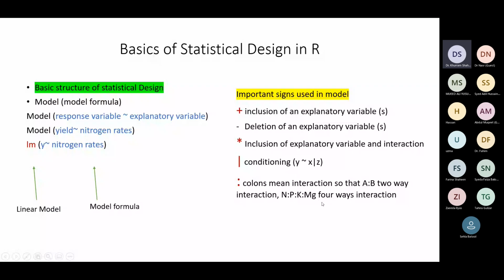So these are the signs. Many other signs are also available in books, but these are the basic signs that you will see in statistical models. This slide is very important for using statistical analysis in R. You must understand what these mean, and you will find more explanations in notes and other materials.